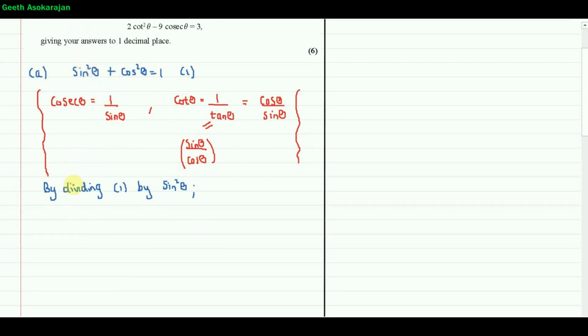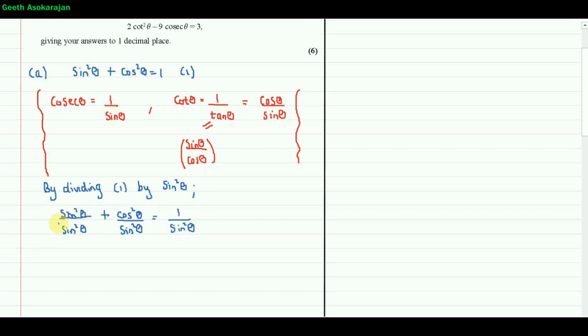So we're going to have sine squared theta, let me write down all of the steps, divided by sine squared theta, plus cos squared theta divided by sine squared theta, and that is equal to the 1 on the right divided by sine squared theta. So I've divided throughout by sine squared theta.